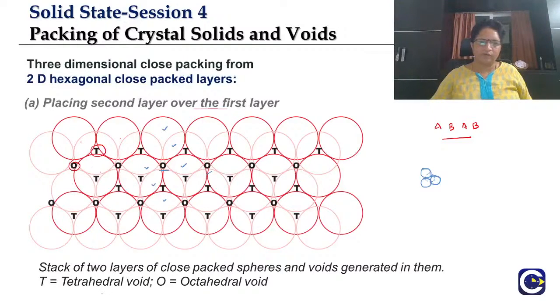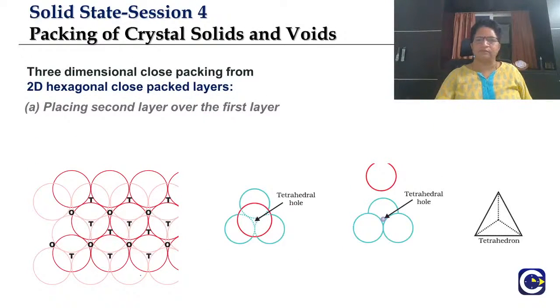So we get tetrahedral voids surrounded by 4 lattice points, and octahedral voids surrounded by 6 lattice points. Fine. I showed the same thing: 4 is when 3 are there and 1 at the top. This void that is formed is a tetrahedral void. It's a tetrahedron shape. Fine, understood? Can I proceed?